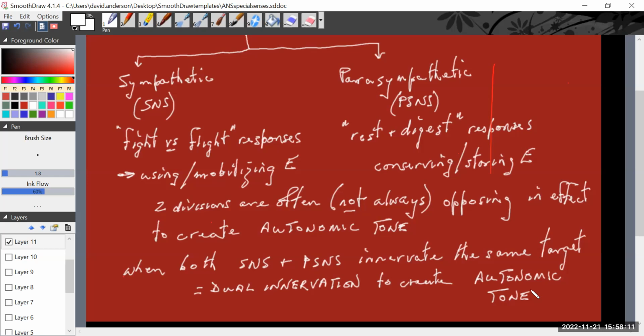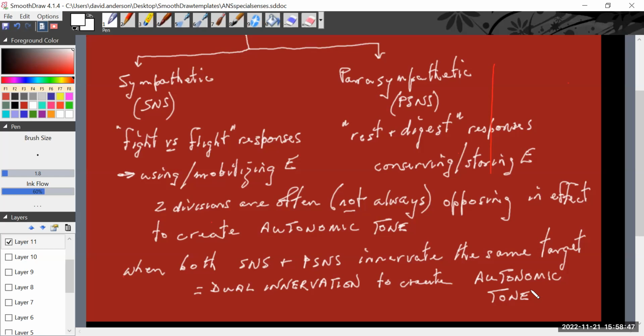And the goal of dual innervation is to create autonomic tone. So in the heart, that's heart rate at rest of somewhere between 60 and 90 beats a minute. Can the heart go more than that? Absolutely. When you're exercising, your heart rate might go up to 200 beats per minute. We're not at rest anymore, and that's not really considered to be homeostasis because we've got an extreme situation going on with that exercise. But when we're at rest, the average heart rate in most people falls somewhere between 60 and 90 beats per minute. That's because of dual innervation creating autonomic tone.